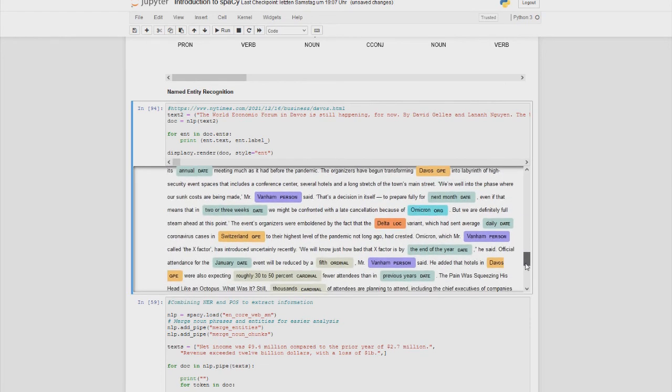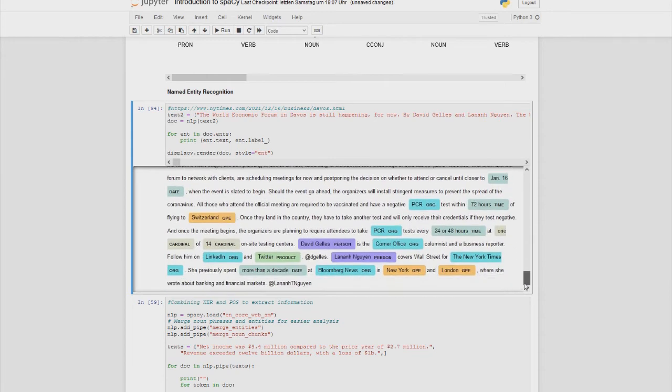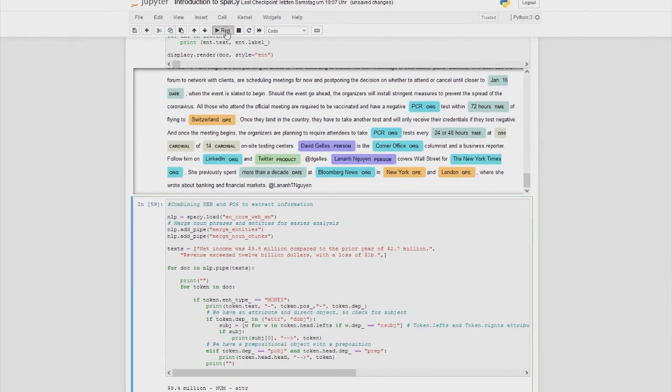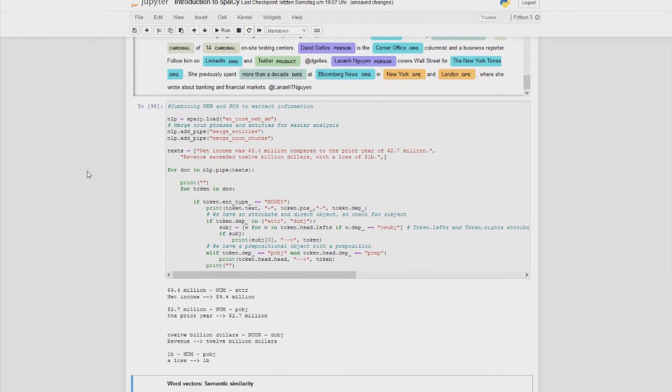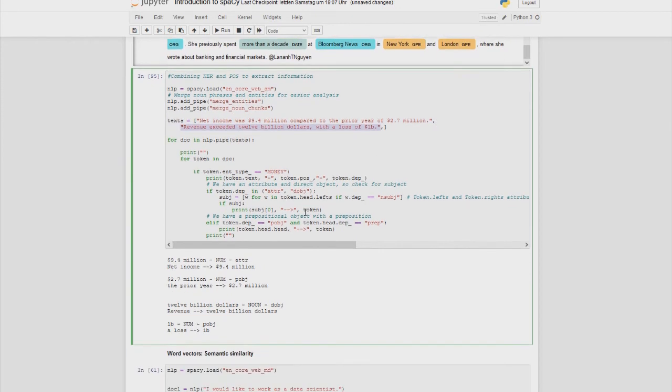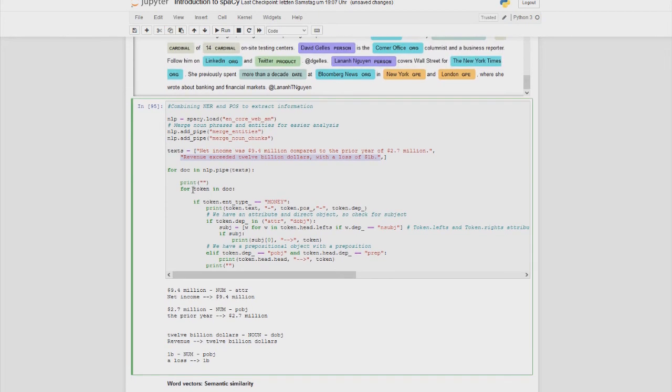I prepared another example for this where I combined the named entity recognition and the part-of-speech tagging to extract specific information. So for this, I prepared two texts which contain some financial information. This could be, for example, part of an annual statement. I then iterate over these texts, and I'm looking for the entities money, which contain basically these numerical values.